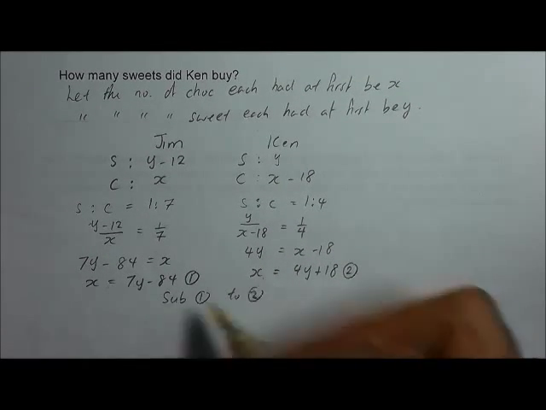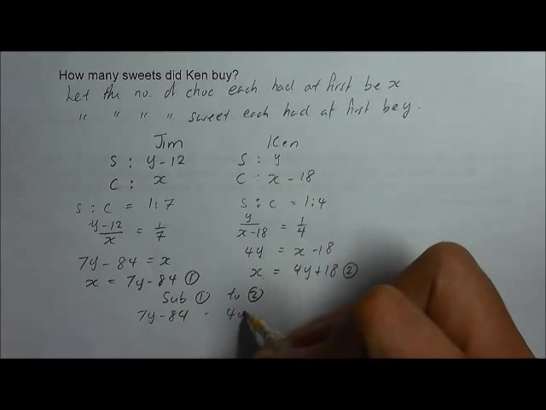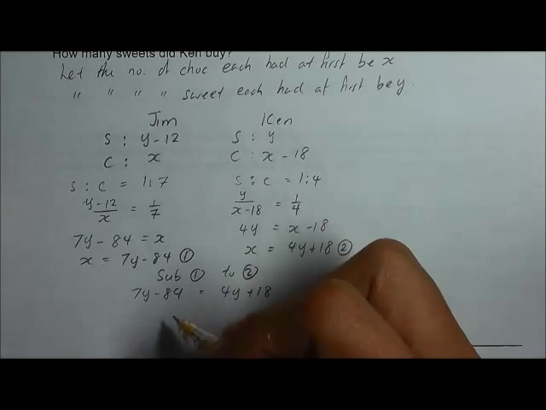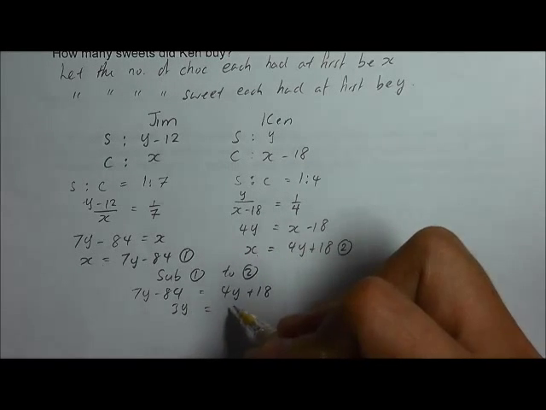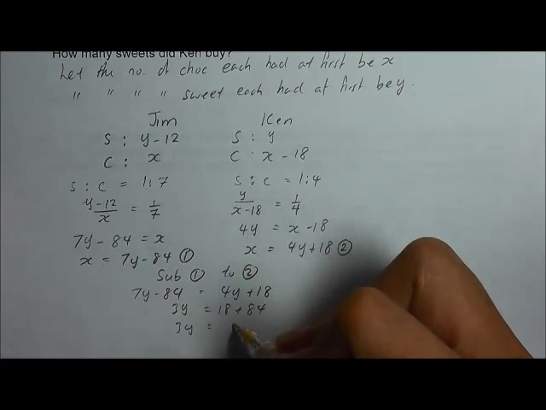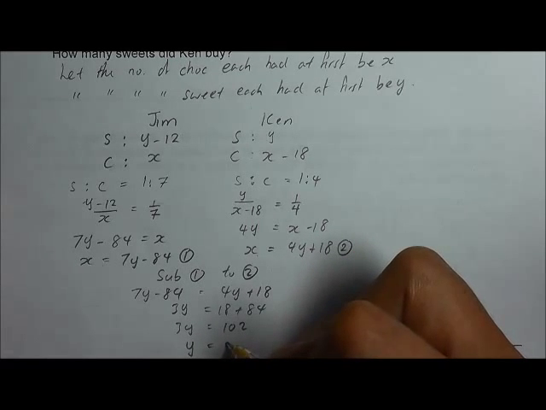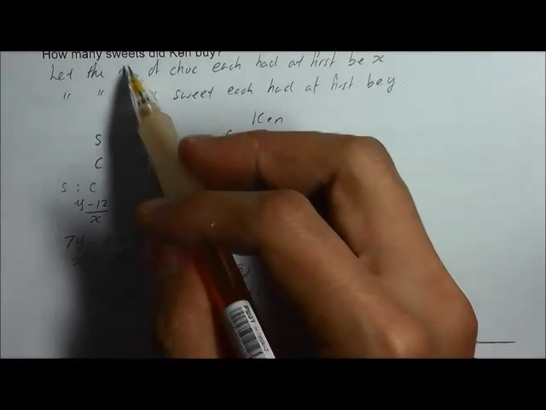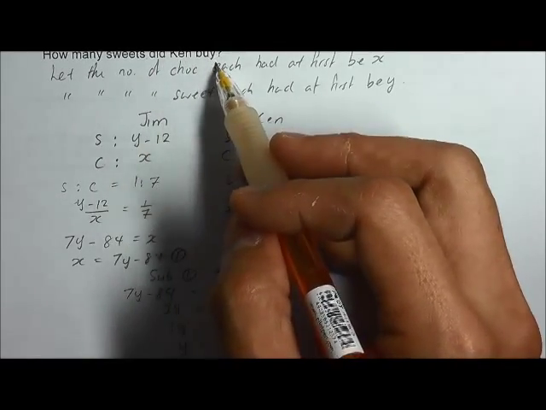Since both equal X, we have 7Y minus 84 is equal to 4Y plus 18. So we simplify this, we have 3Y is equal to 18 plus 84, which is 102. So Y is equal to 34.